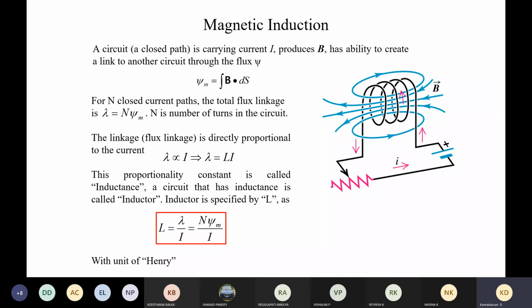Since it is a loop, you can easily link them up and increase the magnetic field lines, and by that the magnetic flux density can be increased. This way of increasing the magnetic flux density by stacking the structure or connecting them in a proper way for a given structure, we call magnetic induction.